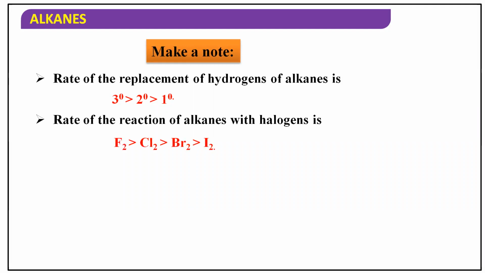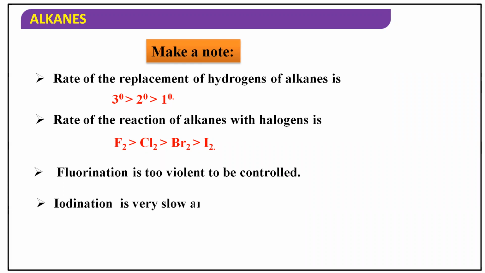Rate of reaction of alkanes with halogens, right? F2, then Cl2, then Br2, then I2. Fluorine is maximum, then chlorine lesser than that, then bromine, then finally iodine. Basically, fluorine is too violent to be controlled. So that's why in most of the reactions we will be talking about chlorine and bromine, because I2 will be too slow.